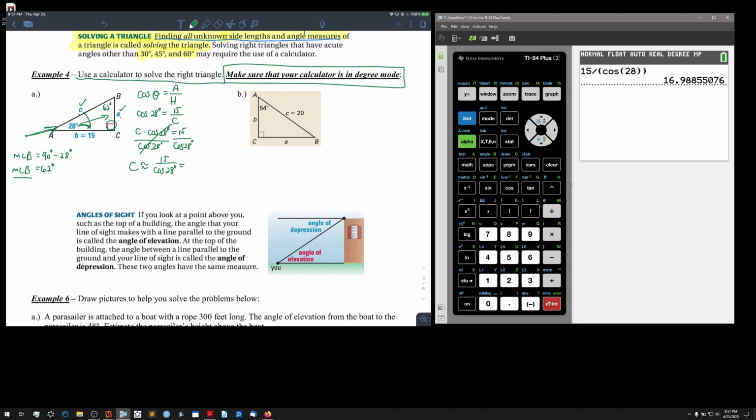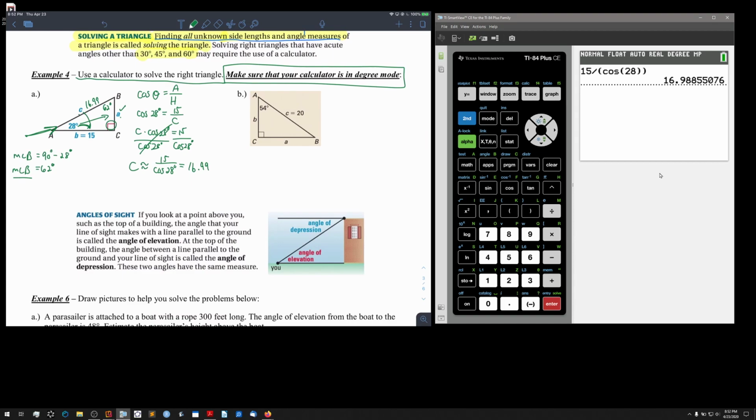Okay, and you get 16.99. Everything for this chapter I would round to the hundredth. I think the textbook just called it 17, but let's be a little bit more accurate than that. So we know that C is approximately 16.99.